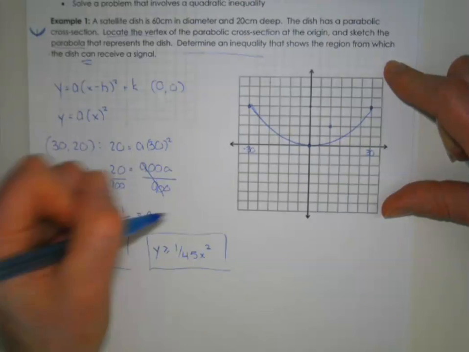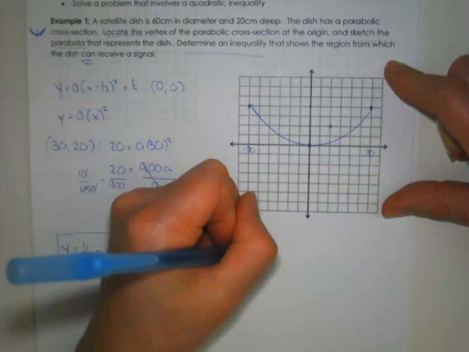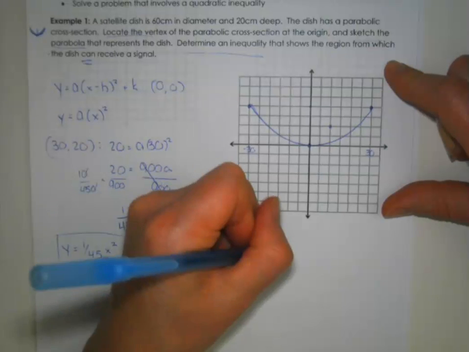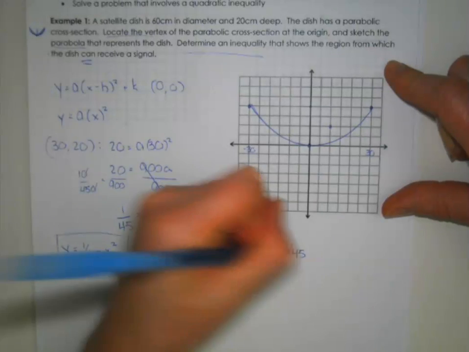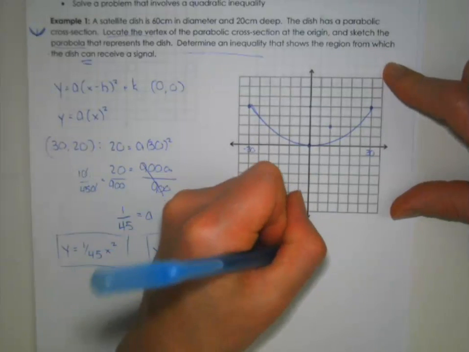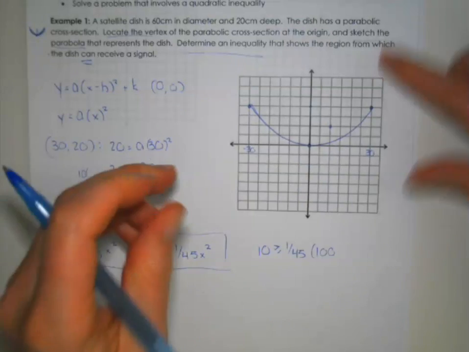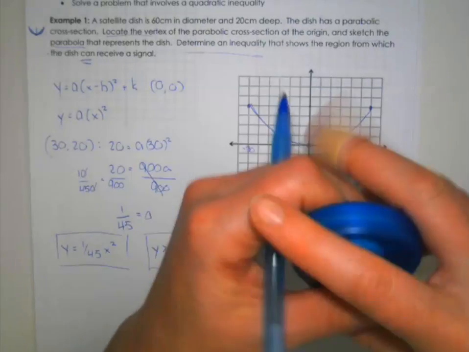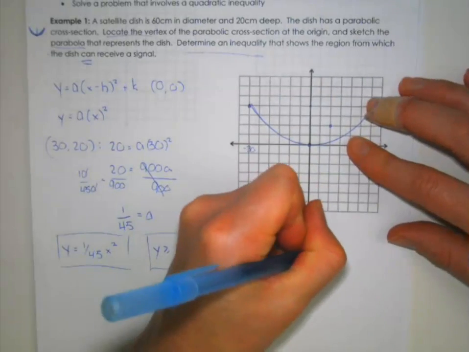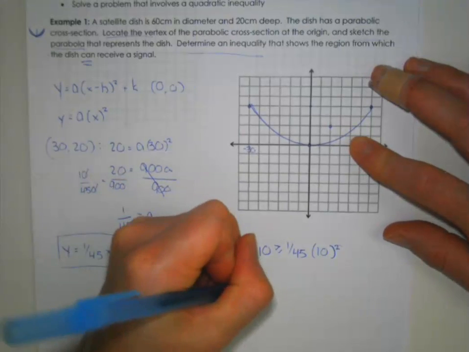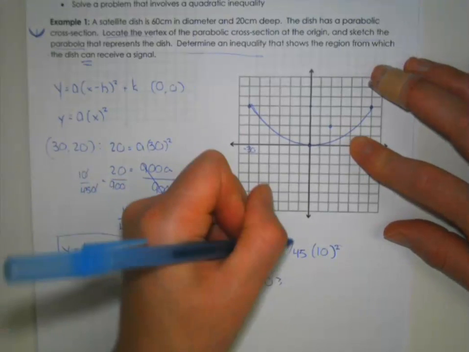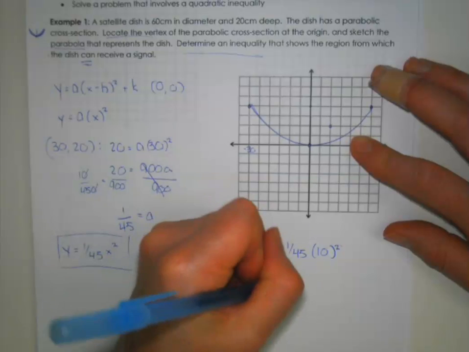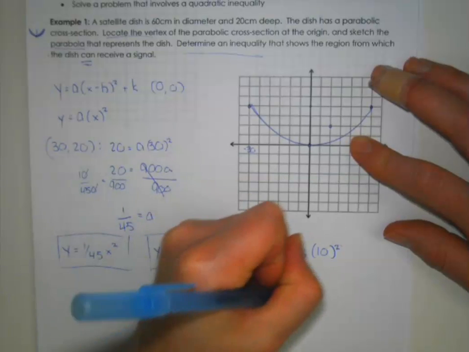So I would say, okay, y is 10, greater than or equal to 1/45 times x, which is also 10, squared. I'm already doing the math, which is 100, but I'll keep it written out properly. So 10 is greater than or equal to 100 out of 45.